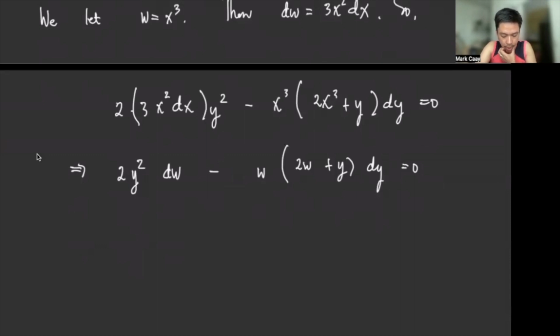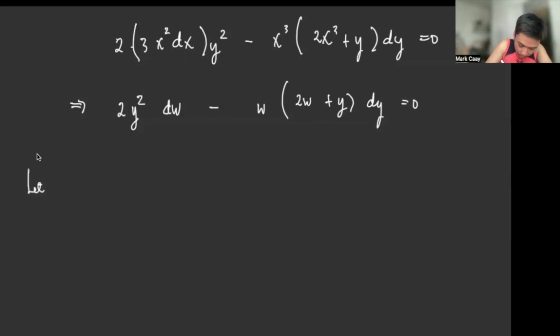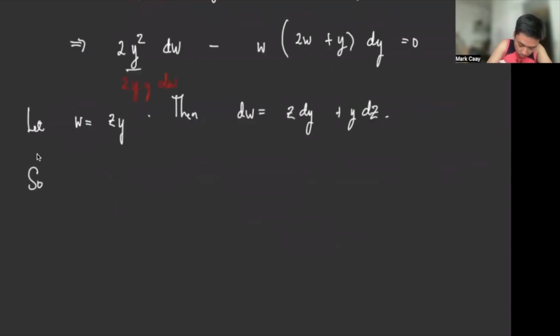Tama? In degree 2 siya sa y at sa w. So, let w be equal to zy. Then, anong mangyayari? Our dw is z dy plus y dz. Tama ba? Basic calculus lang, derivative. So, if I'm gonna plug in this information right here, kayo nang bahala ha, it's just an algebra lang naman.